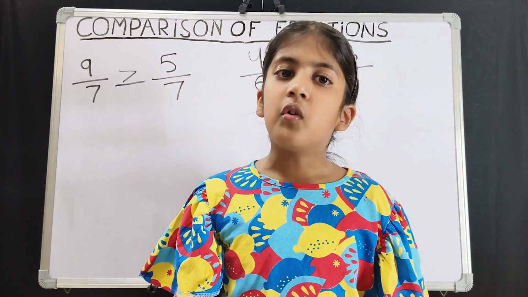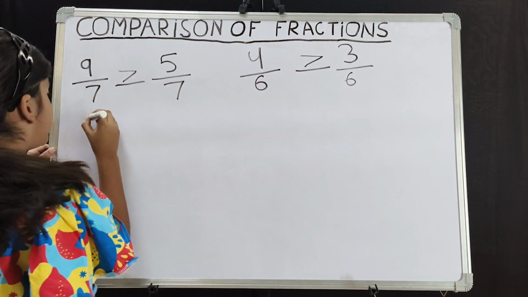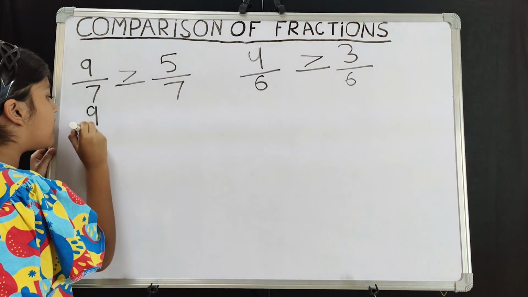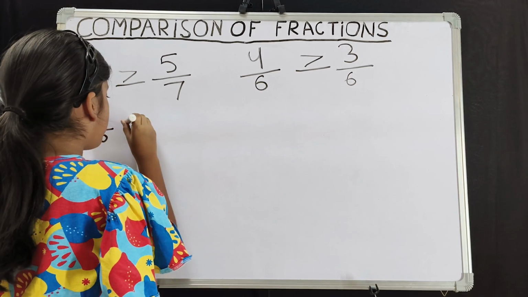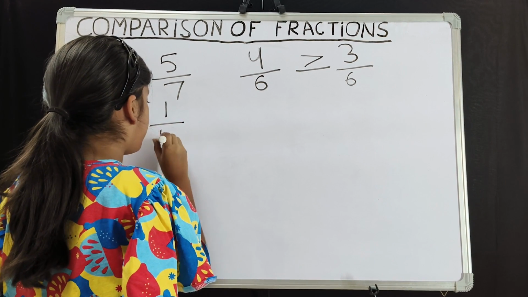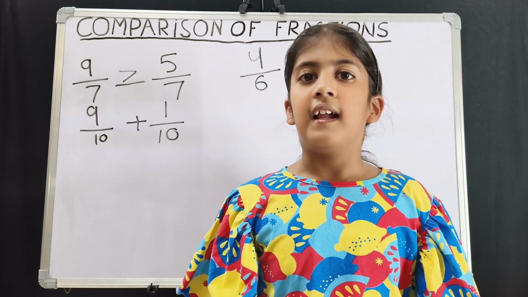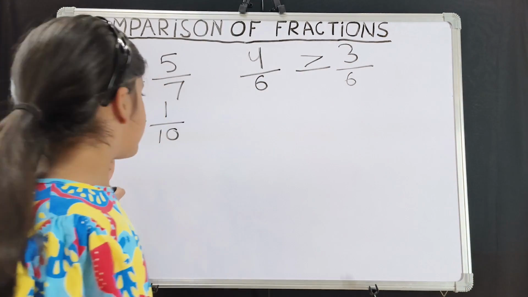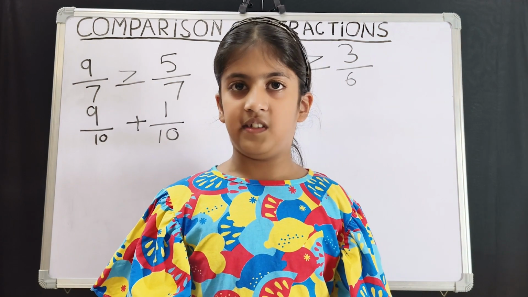Now, let me tell you how we add fractions. If I take 9 upon 10 add 1 upon 10, what will be my answer? Let me tell you. These two fractions are again like fractions.